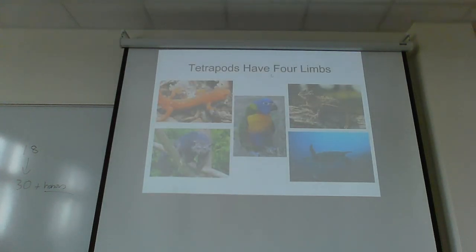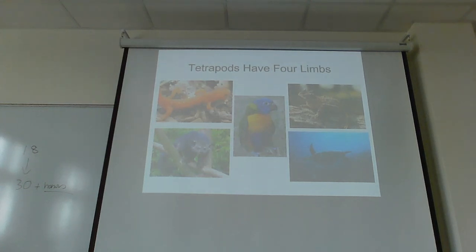And we are therefore now tetrapods. We're not fish anymore. We have 4 limbs. Those fins have become limbs, adapted to walking on land rather than swimming in water. It's more efficient to have a limb, not a fin anymore.